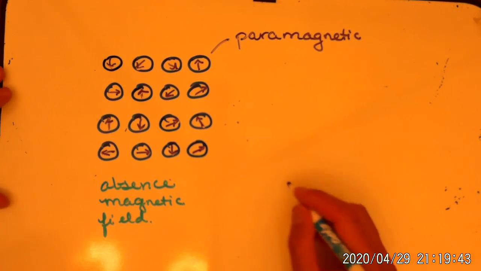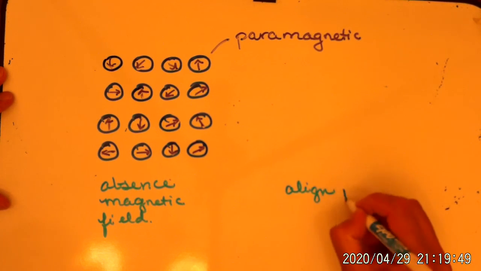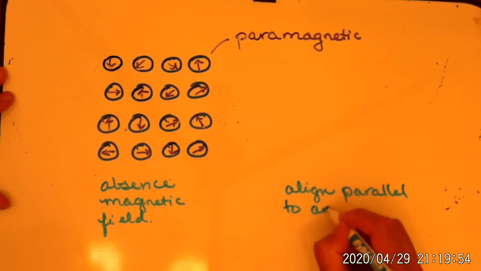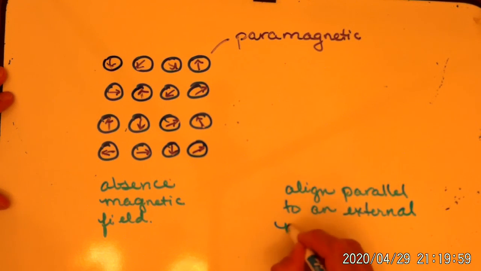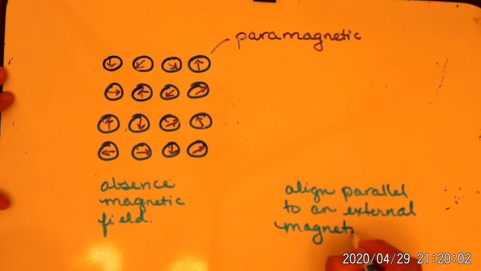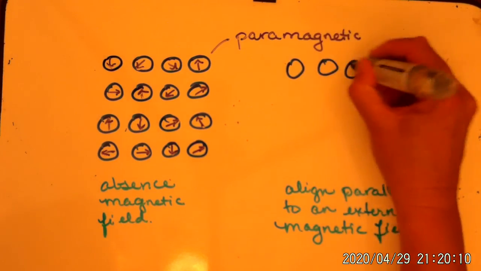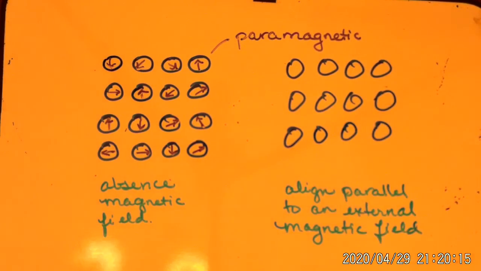But if they all align parallel to an external magnetic field, I'm going to make them a little bigger so you won't have as many rows. If I put in a magnetic field, they all line up.